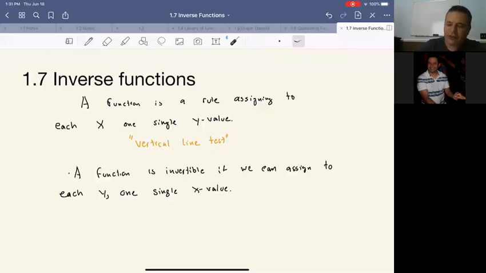What I want you to notice is that the y and the x have switched places. So what that means is that we're going to have a new rule, colloquially you can call it the horizontal line test.